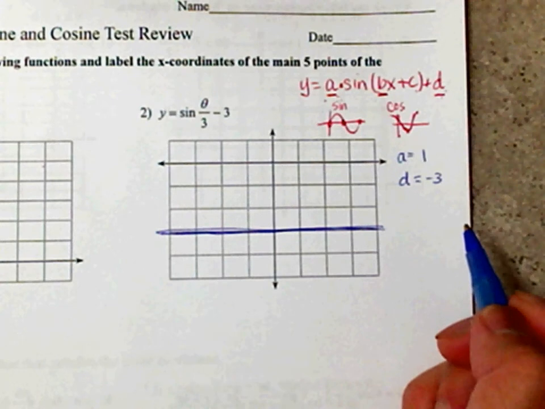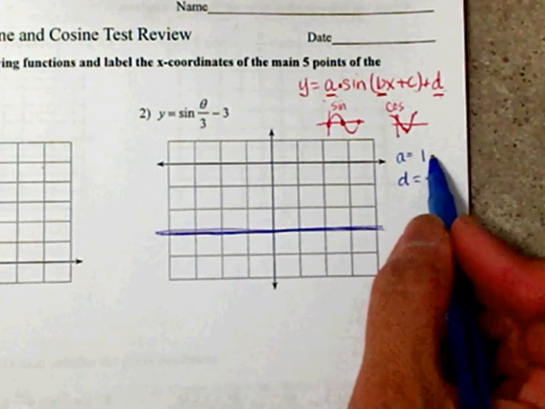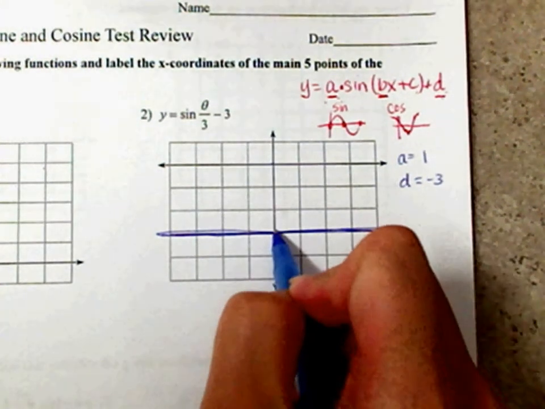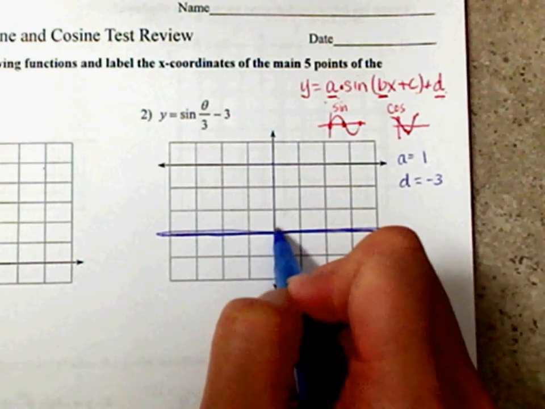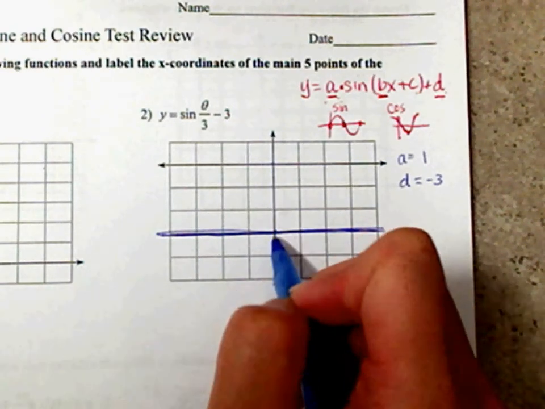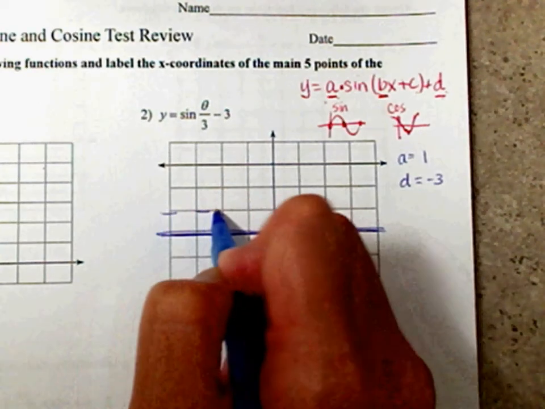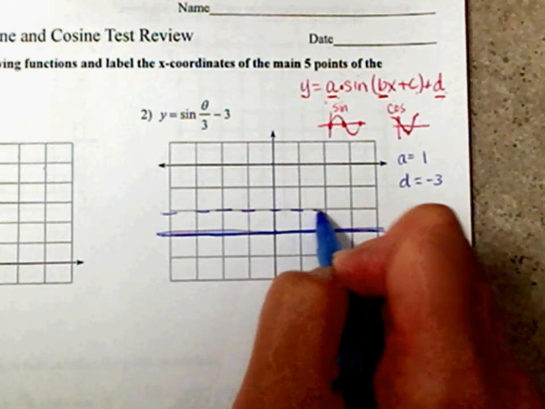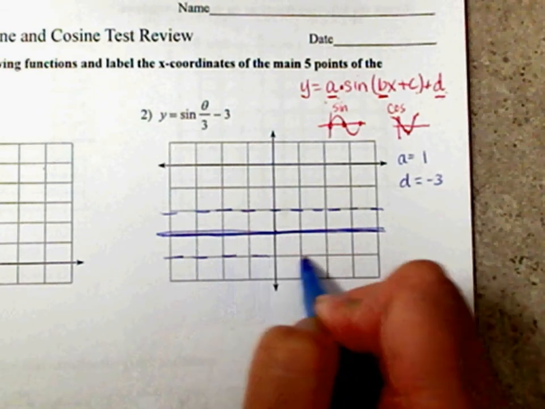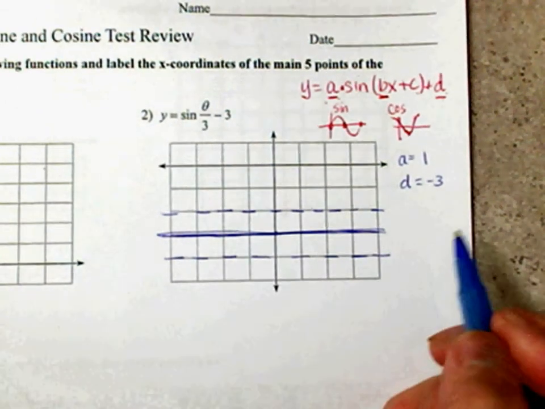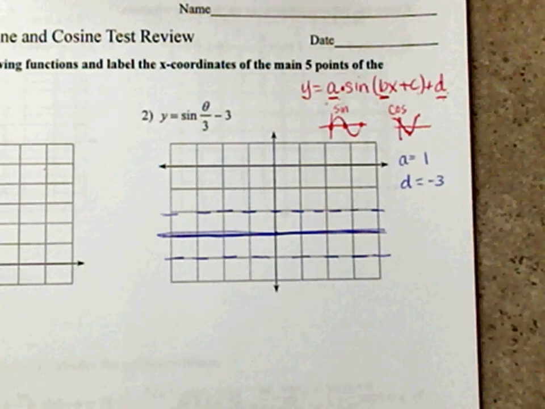Now your A is 1, so from this axis, I'm going to go up 1. See how we shifted down 3? From here, your amplitude, you're going to go up 1, which is your radius, and you're going to go down 1. So go ahead and draw your dashes, so you'll have your maximum. Draw the dashes one below, so you'll have your minimum. This will keep you from going outside your graph.